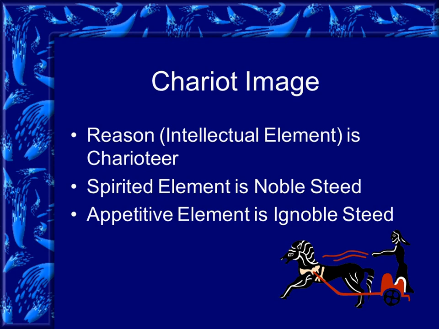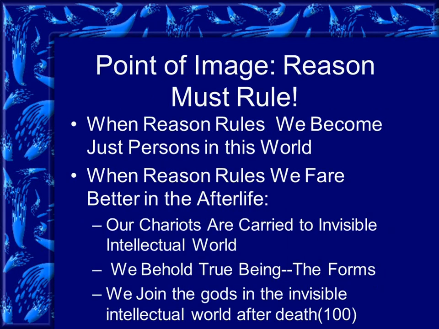And so our intellectual part should keep the other two parts of our nature in check. And so also the ruling class should keep the other classes of society at bay for Plato. So reason has to rule, and reason naturally should rule.